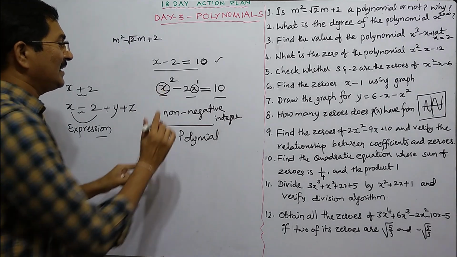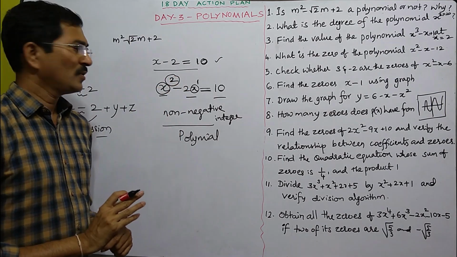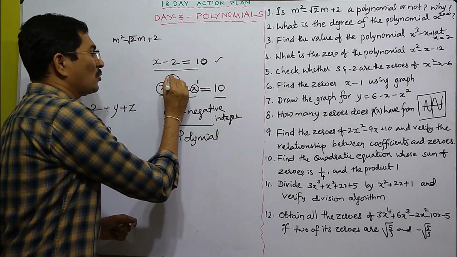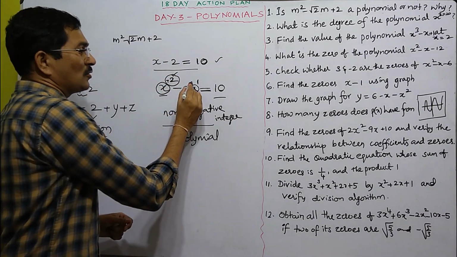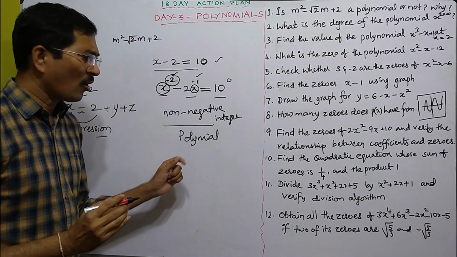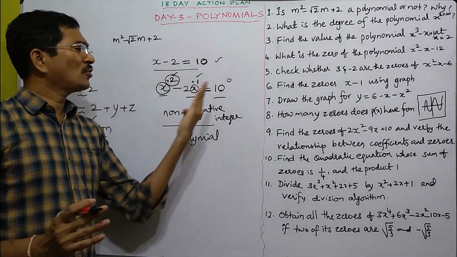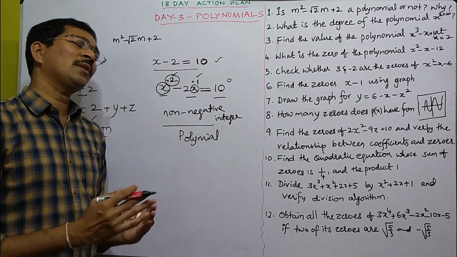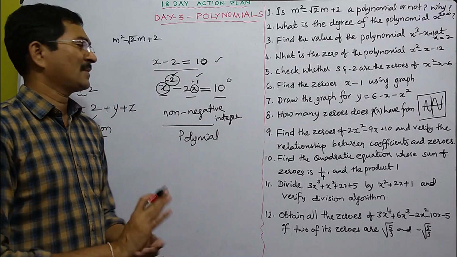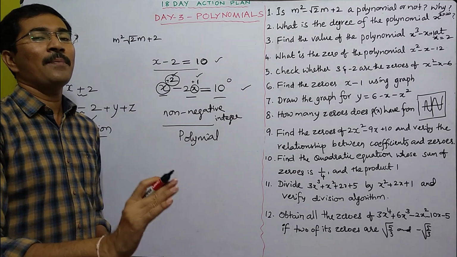So here let us see, non-negative means it should not be negative. So there is no minus symbol, so this is okay. This is plus, this is okay. This is 0. So, is 0 a non-negative integer? Non-negative means it should not be negative. So there is no minus sign. So 0 can be considered a non-negative integer. So this is right. So this together is called a polynomial.